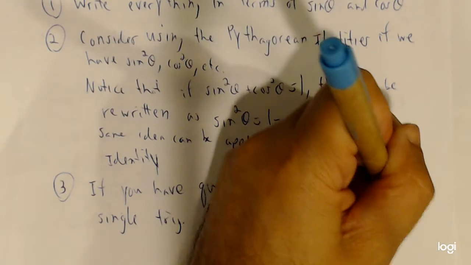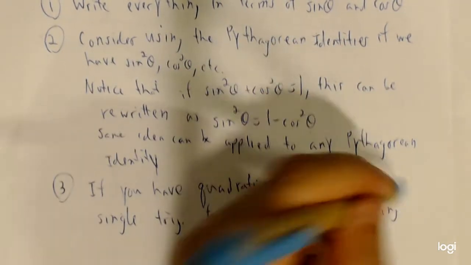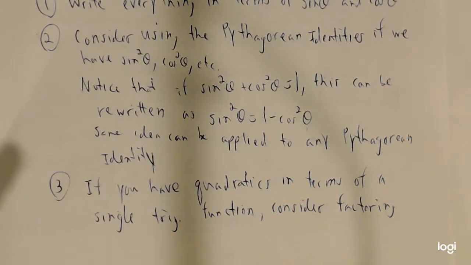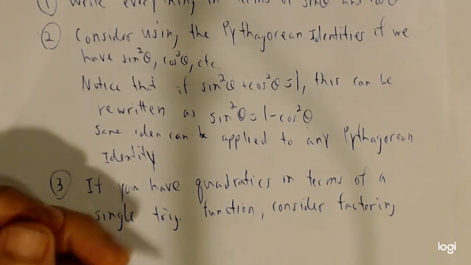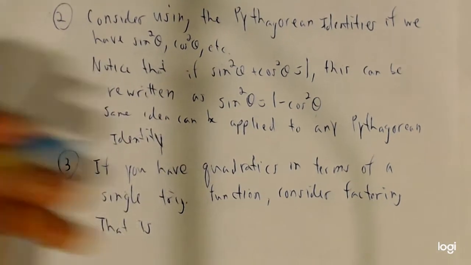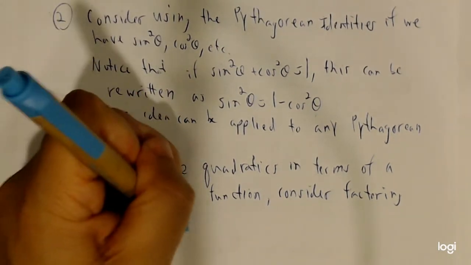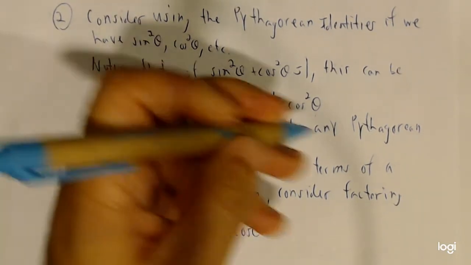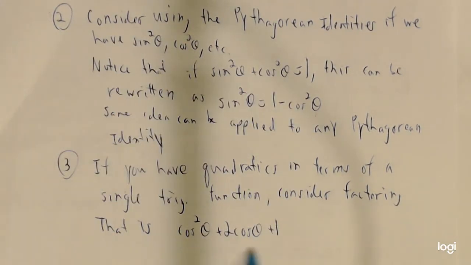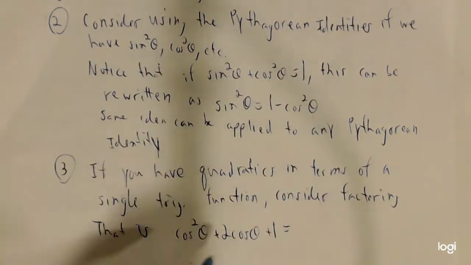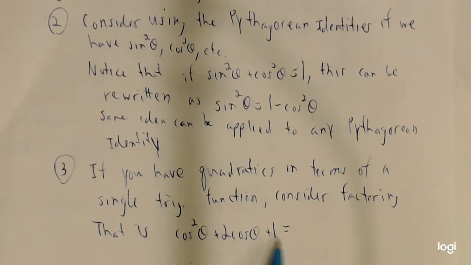So one thing you might notice is, hey, I have the same trig functions, or I have quadratics. I might be able to factor this. For instance, if I have something like cosine squared theta plus 2 cosine of theta plus 1, think of this as x squared plus 2x plus 1.